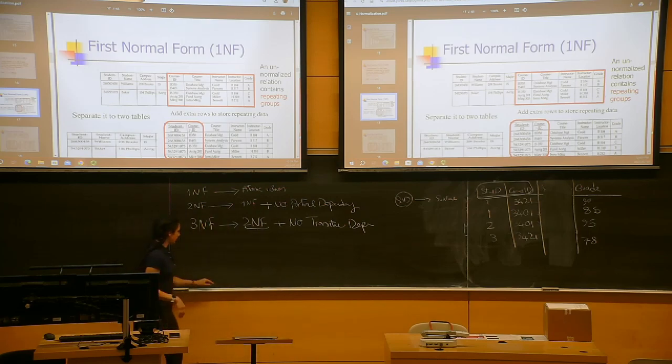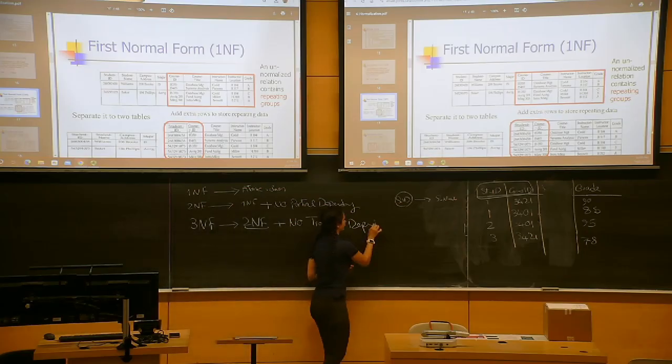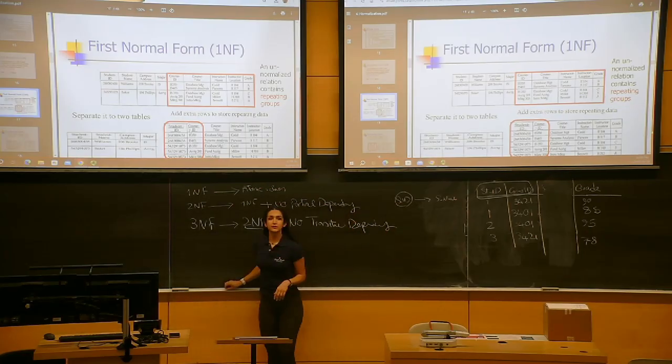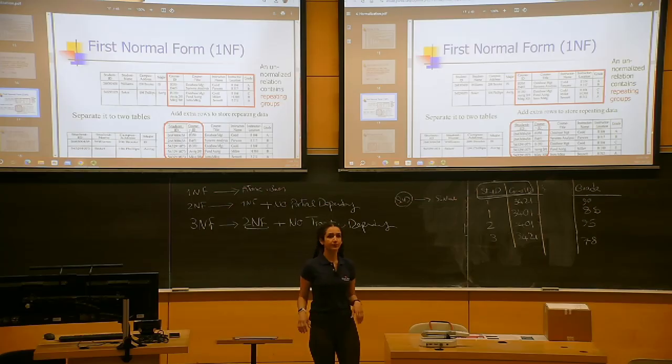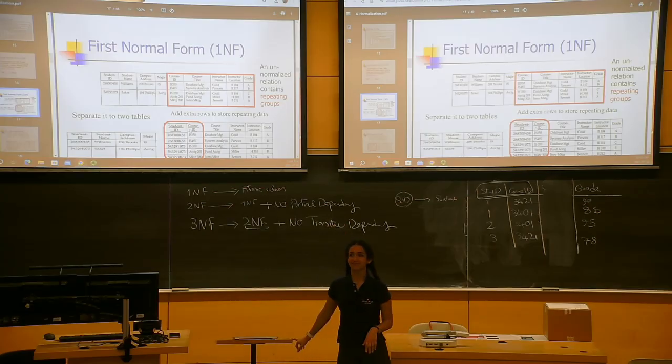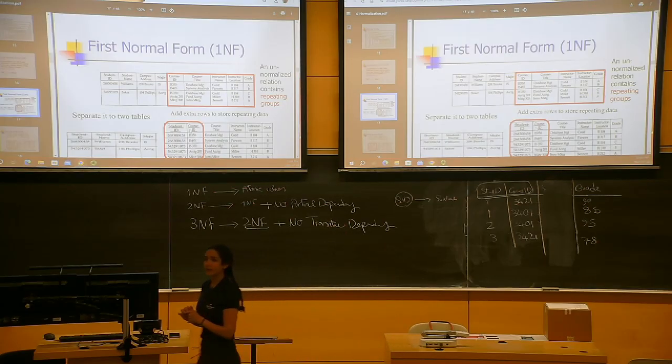Now, what is a transitive dependency? One column depending on another: one depends on another, and that one depends on another.